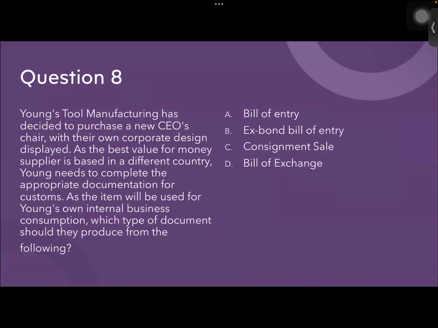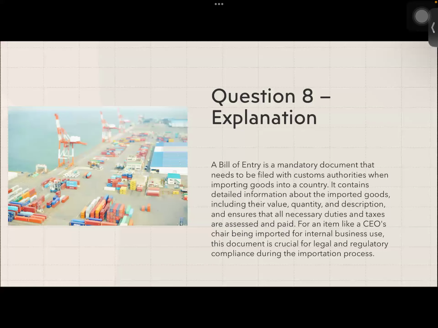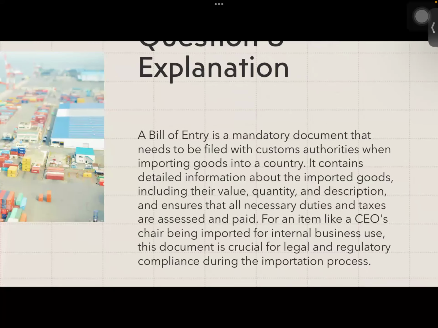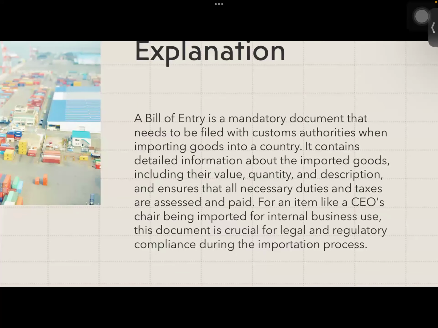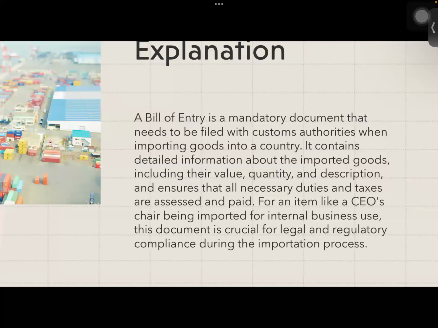Thank you. With question number 8, the answer is A. With A, we have the bill entry, and the bill entry is basically a custom declaration. In that document, you state specifically the quantity and the description of the imported goods into a country.